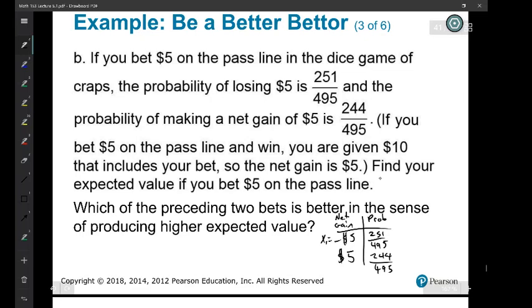That's your first discrete random variable, that's your second, and those are the probabilities associated with each.